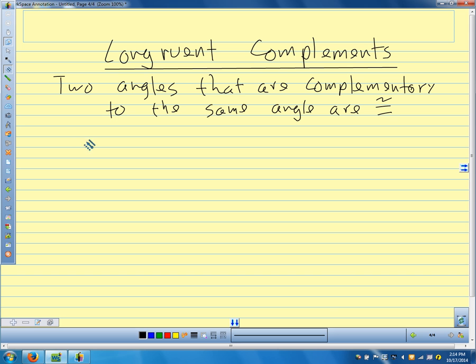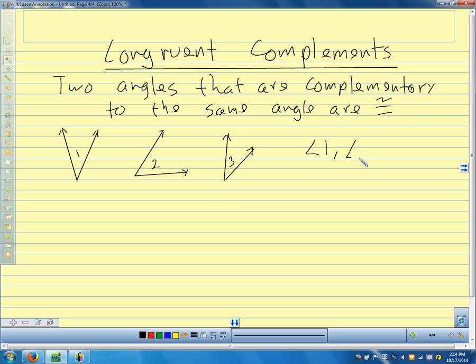So basically the same picture. So 1, 2, 3, and we're going to write the same thing but with the word complement instead of supplement. Angle 1 and angle 2 are complementary.